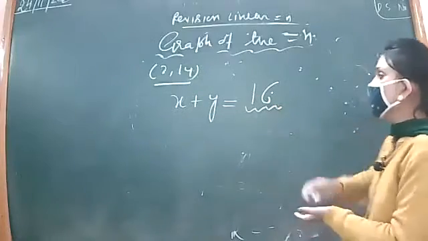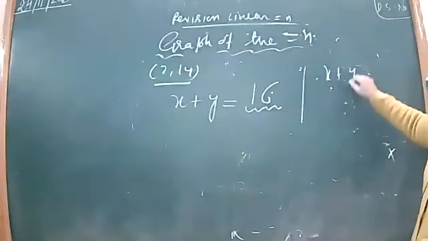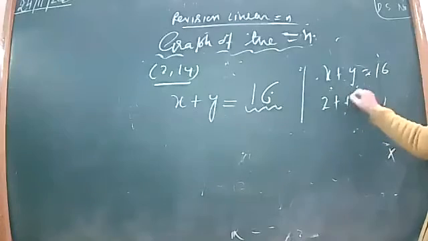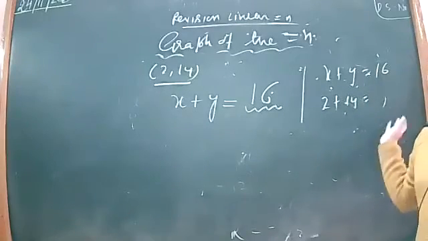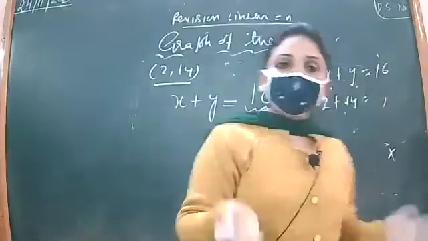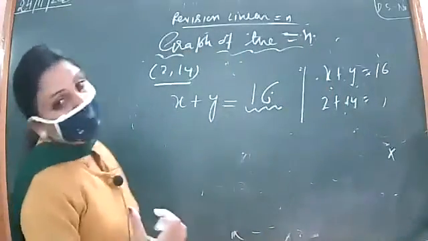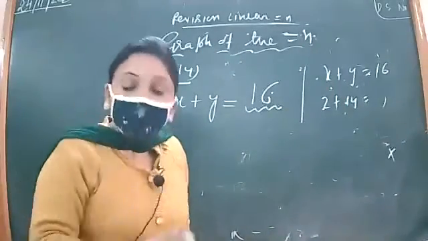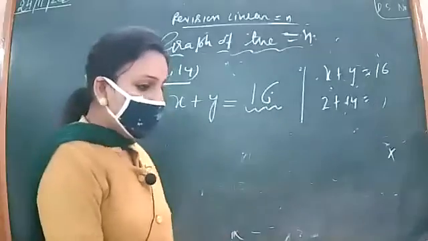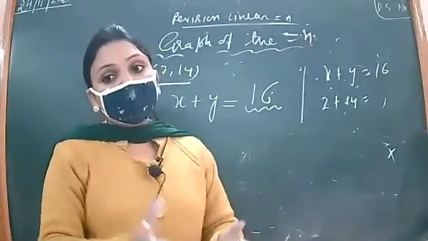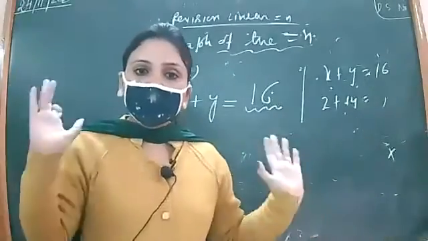You put this point in the equation x plus y equal to 16, putting x to be 2, y to be 14. Since we get 16, naturally the two sides will be equal. That means we have to purchase a frame according to the measurement of our photograph, and we have to make the railway tracks according to the width of the train.